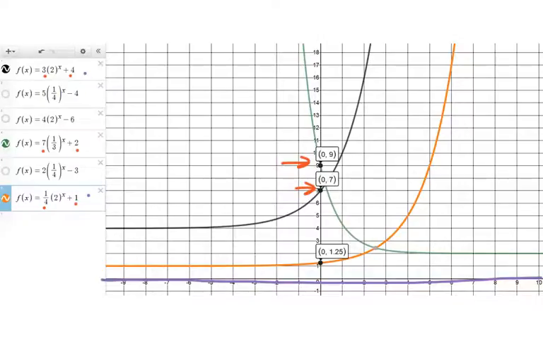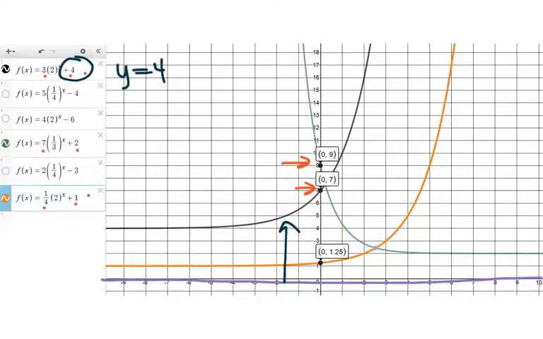Now normally the asymptote runs across the x-axis, but look what happens. We added 4, and we go up 1, 2, 3, 4. Does that look like where that black one is? Yeah. So that plus 4 affected our asymptote. It shifted it up 4. The way you'd write that is the asymptote is y equals 4.